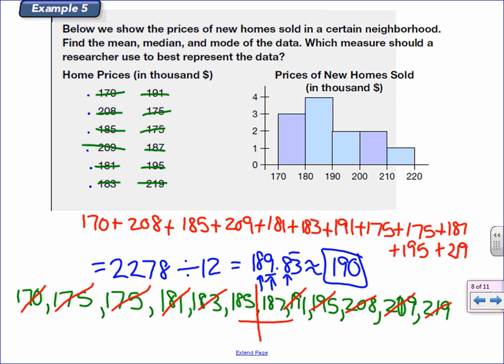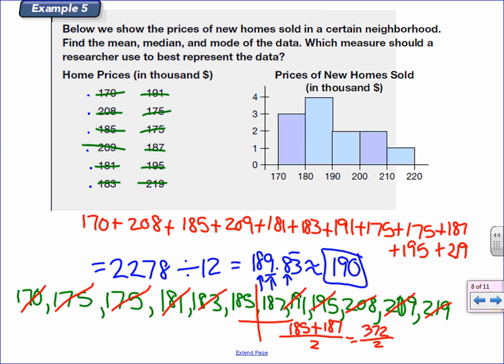And the way that we find that is we find the average of 185 and 187. So we would take 185 plus 187, and then we would divide that by 2. So 185 plus 187 gives us 372.